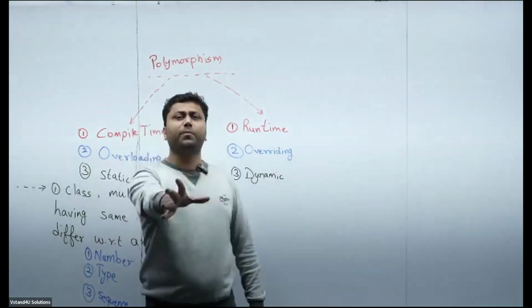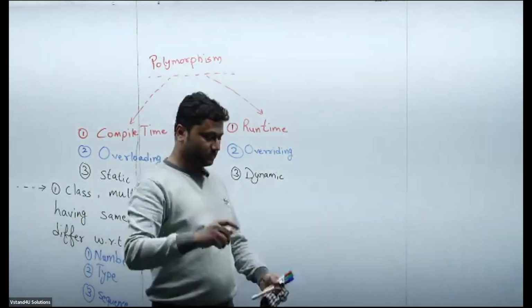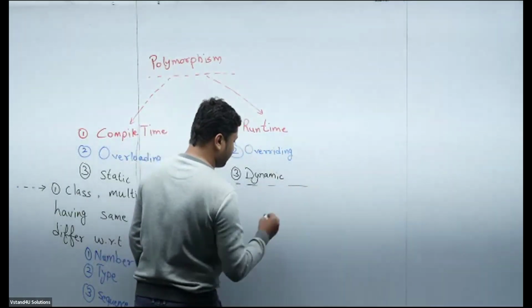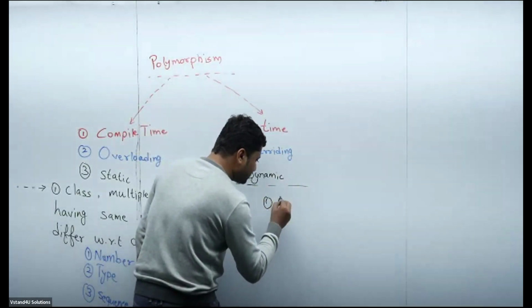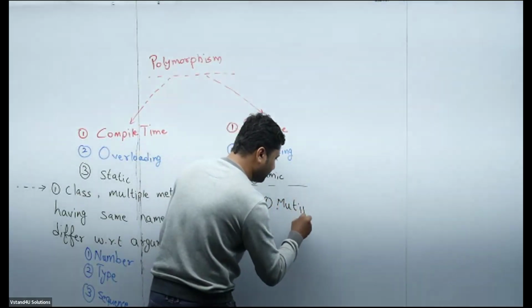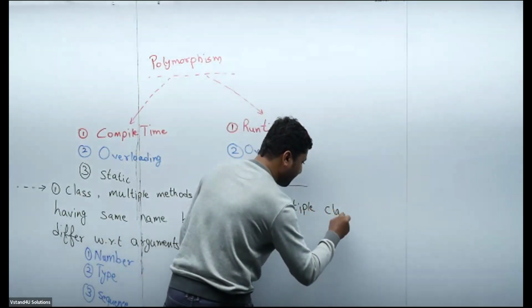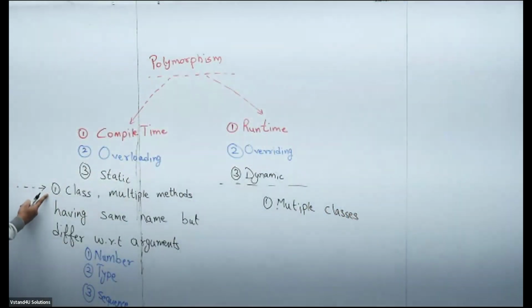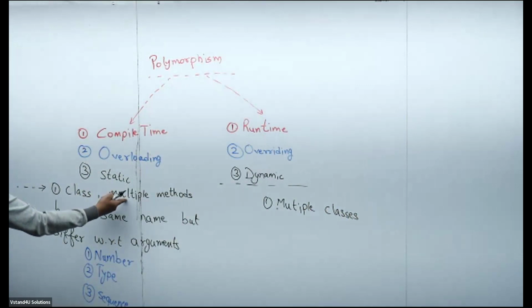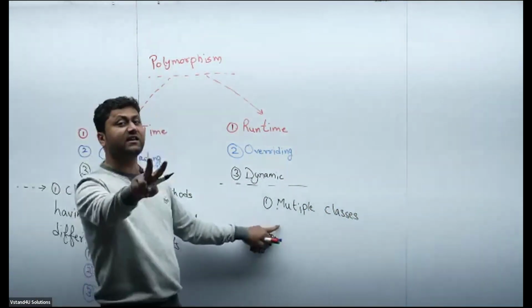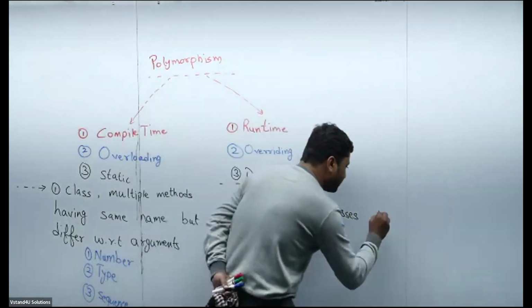If you are opening your mouth for overriding, the first and most important thing you must say is multiple classes. In overloading, one class has multiple methods with the same name, different in terms of arguments. Here, classes are multiple.